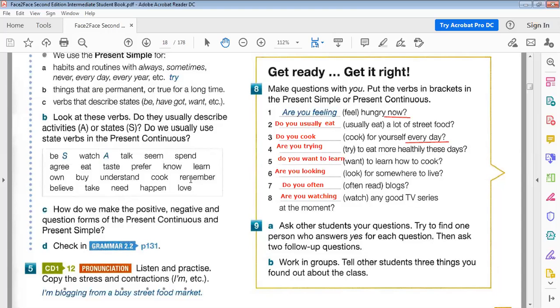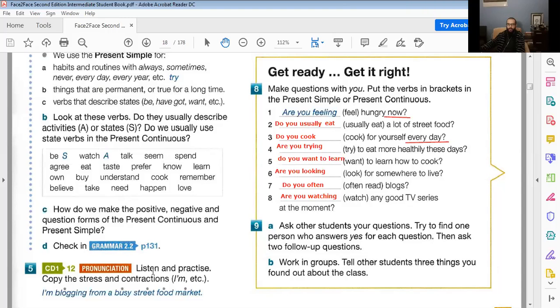Do you often read blogs or books or something? Blogs, yeah. I'm always reading blogs. What kind of blogs do you read usually?